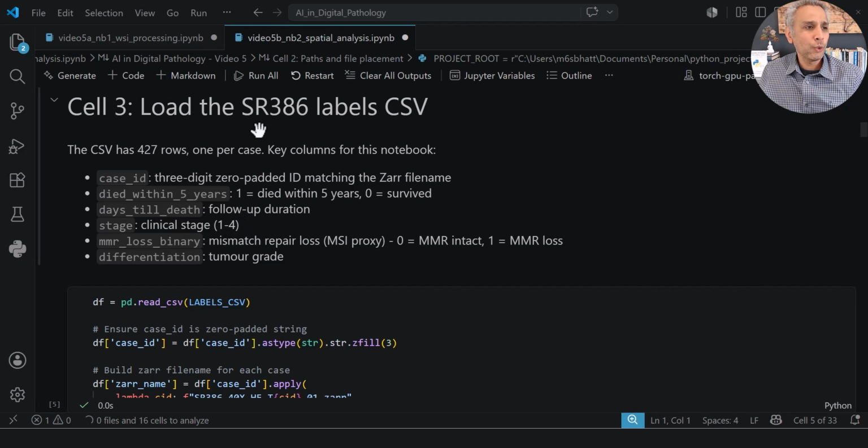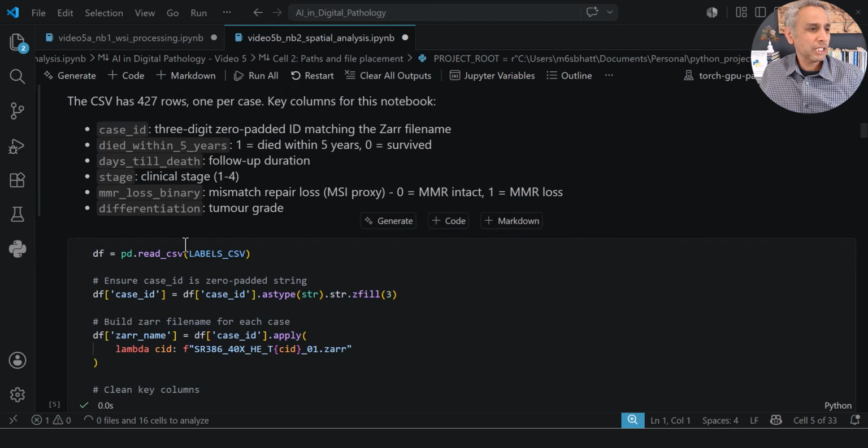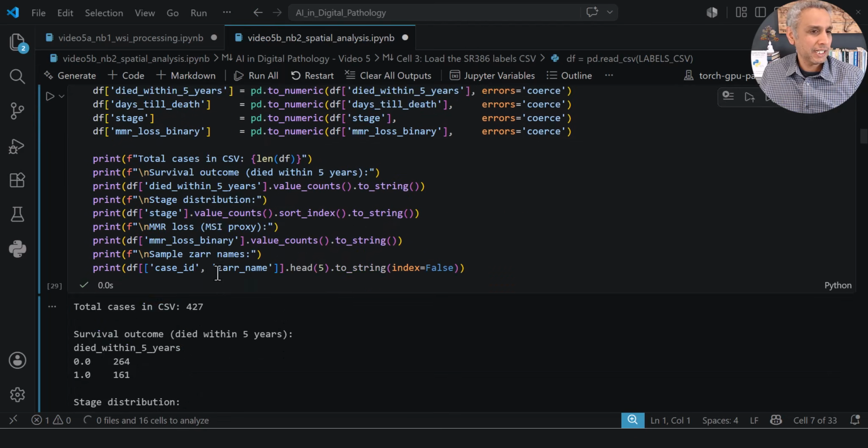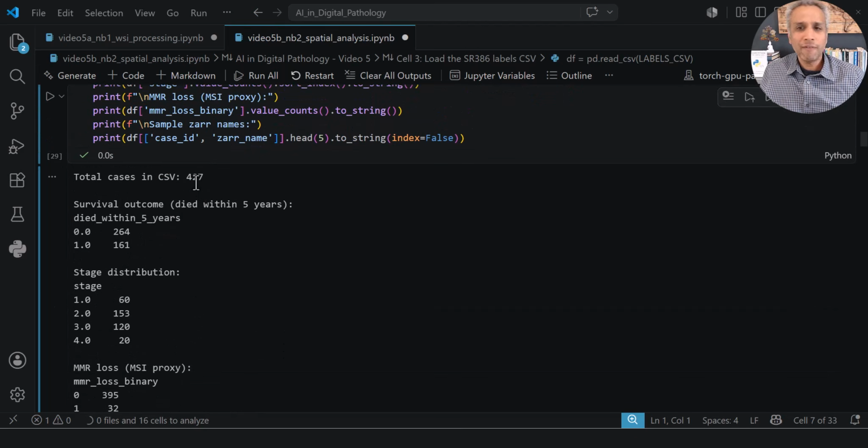Now, let's go ahead and load this SR386 dataset. And we load the CSV right here. Let's go down and see. We have 427 cases. We know that. And the survival outcome, 264 were tagged as 0, and that is survived 5 years.